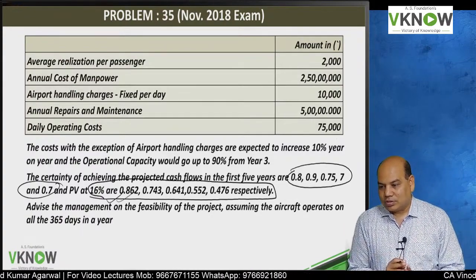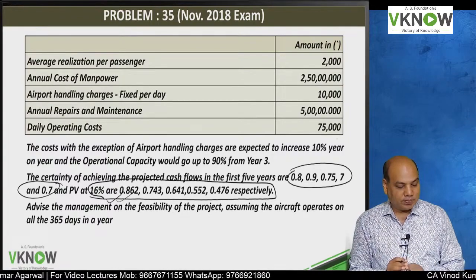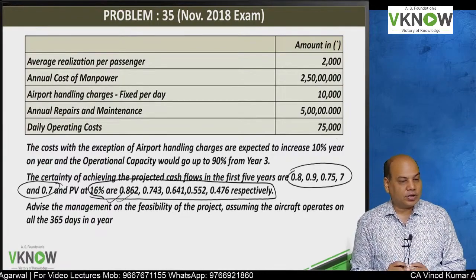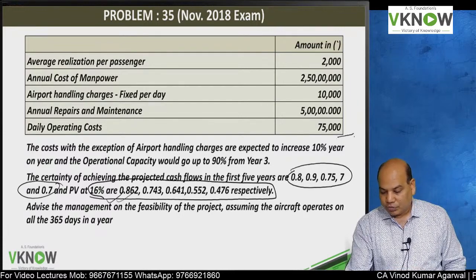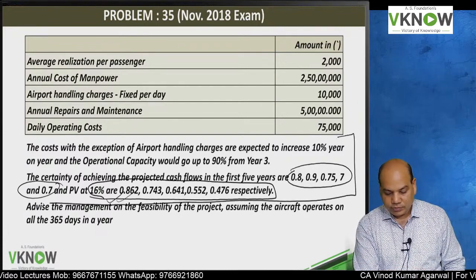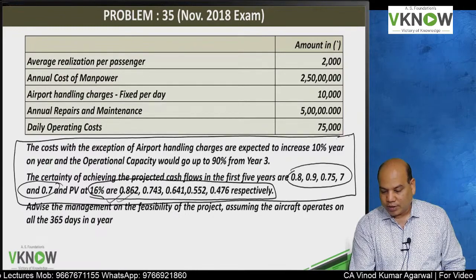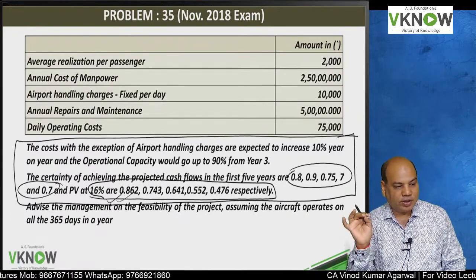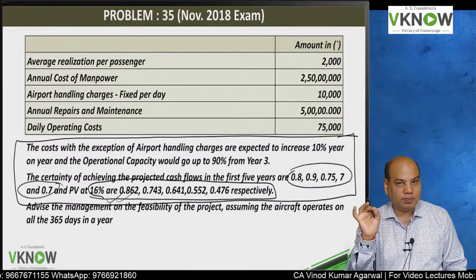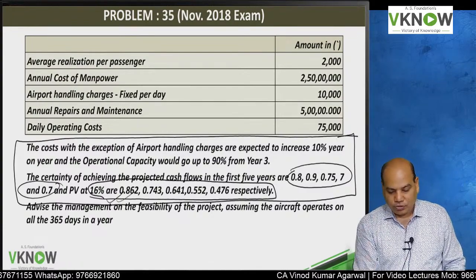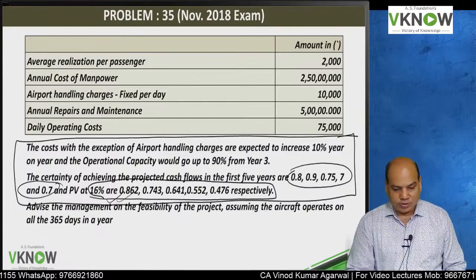Although the life of the aircraft is 25 years, from the drafting of the question, we have to check within 5 years only will the project generate positive NPV. So there are two limitations in this question.